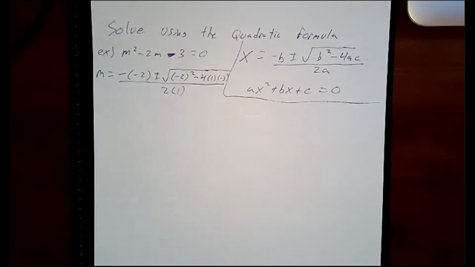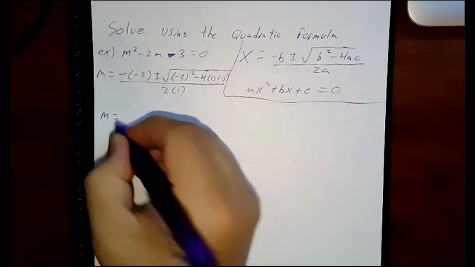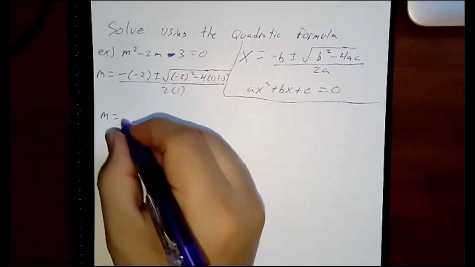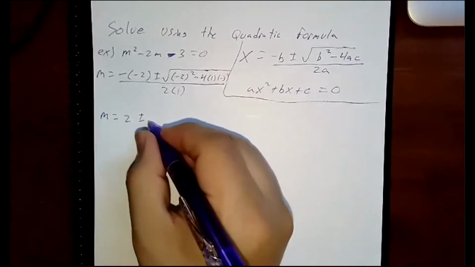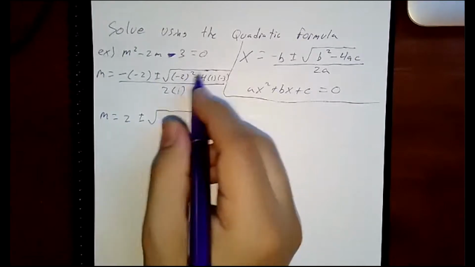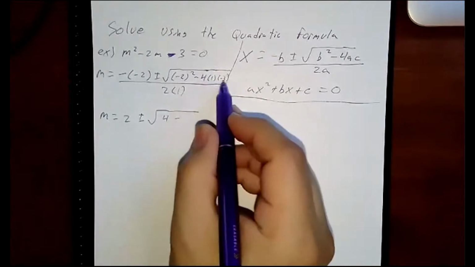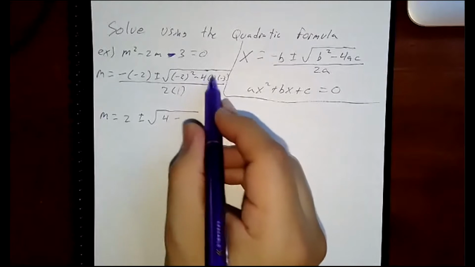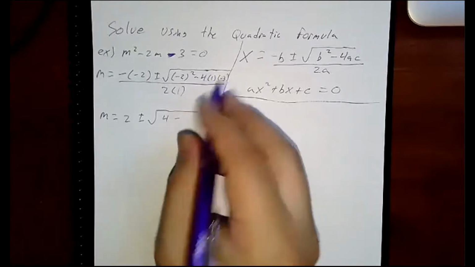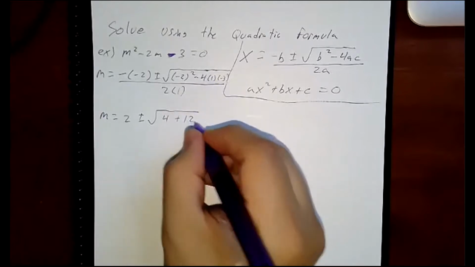Okay. Then m will be negative negative 2, so 2, plus or minus the square root of negative 2 squared, which is 4, minus, then do these at once. Negative 4 times 1 is negative 4. Negative 4 times negative 3 is a positive 12.